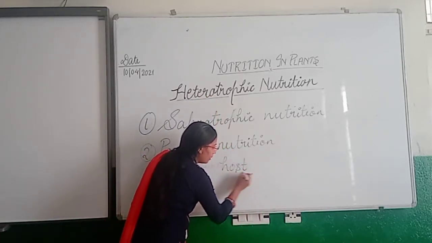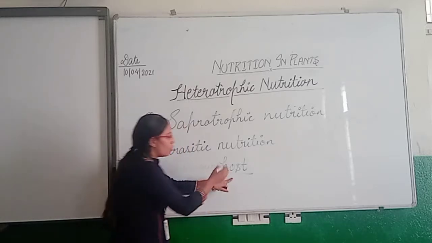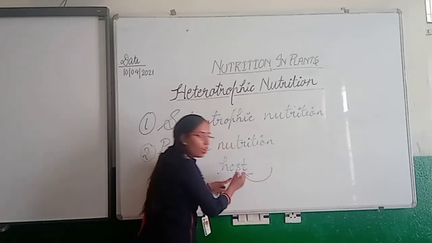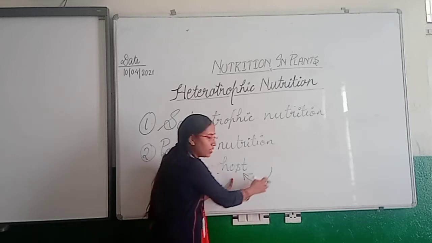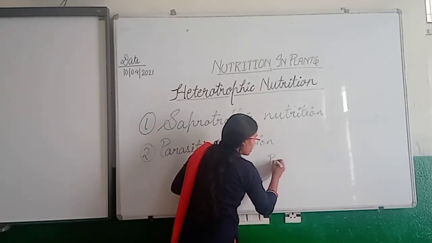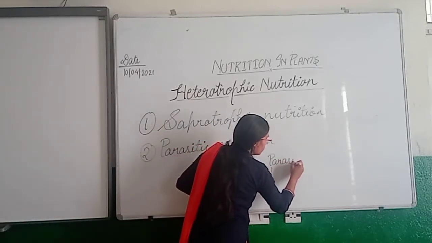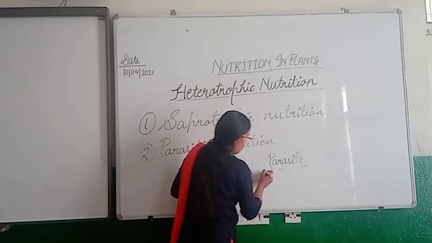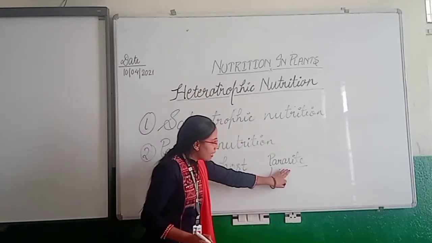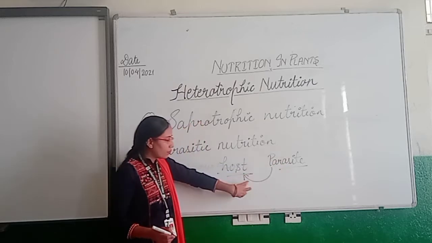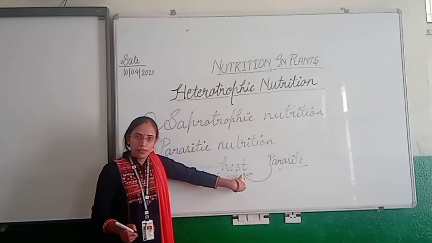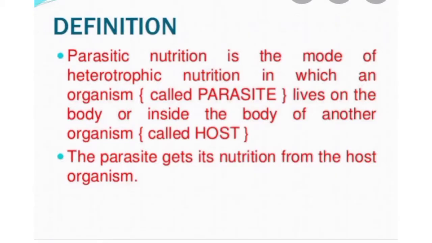The body in which the parasite lives is known as the host, and the organism who depends upon the host, who derives its nutrition from the host, is known as the parasite. So the parasite takes its nutrition from the host body itself. This is the definition of parasitic nutrition.